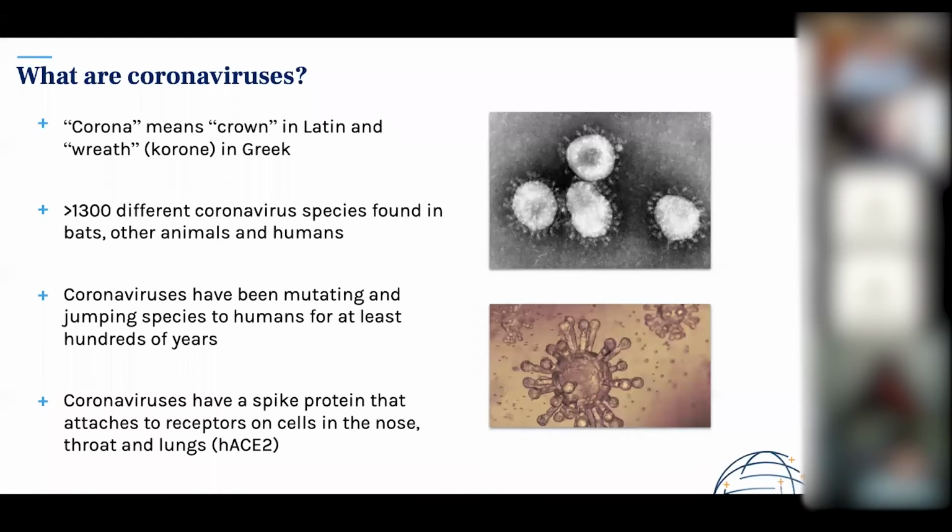The spike protein on the outside that you see in the bottom picture is a protein that sticks to the receptors on cells in our respiratory tract. Cells in our nose and throat and our lungs have receptors, and the spike protein can stick right onto the outside of those cells, and that's what it uses to get inside of our cells and cause the symptoms and infections that we're dealing with today.